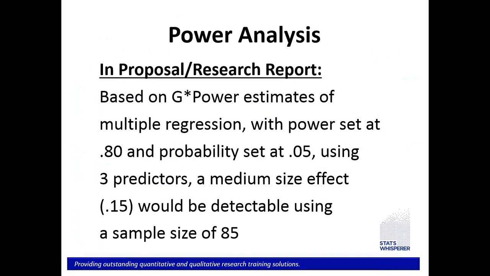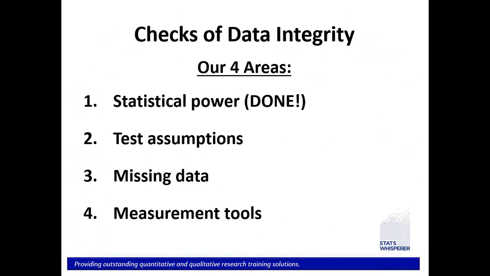So that's a lot of work for that fancy sentence, but the good news is that's all we needed, that sentence, to indicate that we've done tests for statistical power and that check of data integrity is complete for sample study 1. Now you see in the book for sample study 2, there's also a power analysis for a dichotomous dependent variable. It's actually just as simple.